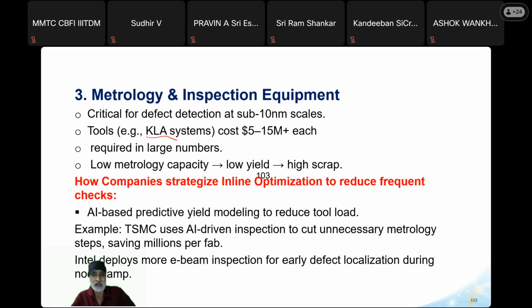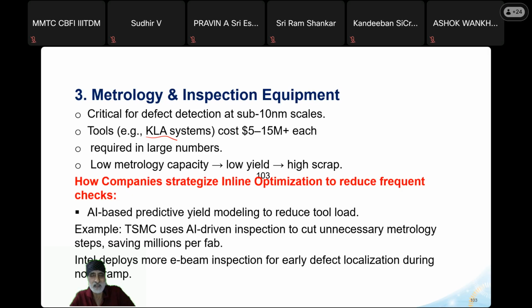And nowadays AI is also used to a large extent in seeing whether the structure which we have printed is correct or not, whether there is any particle sitting there, and if the size of the particle is larger, whether it will affect the yield or not. That information can be tackled by AI-driven software.